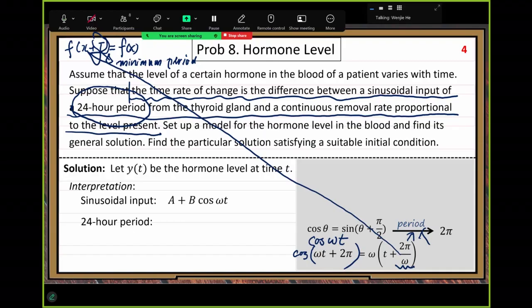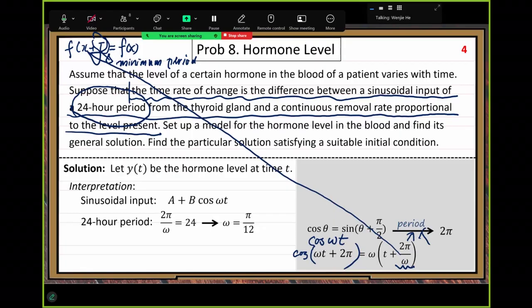And it tells us the period is 24 hours. That means 2 pi over omega equals 24. So you can find omega, right? Omega equals pi over 12. So then omega is known.